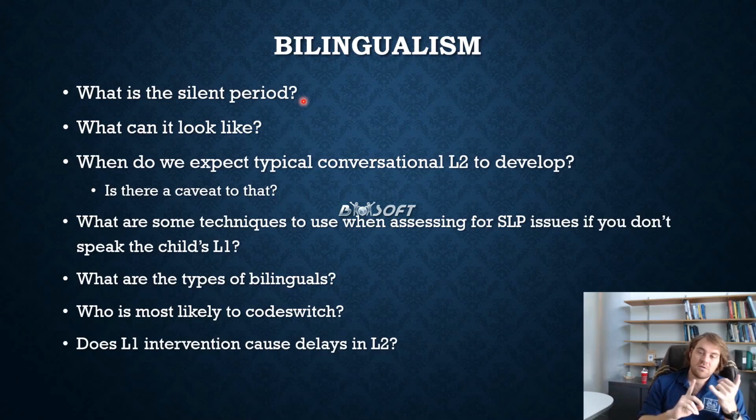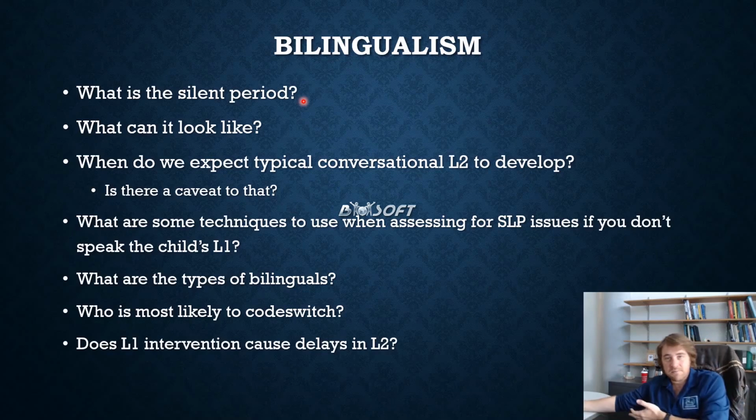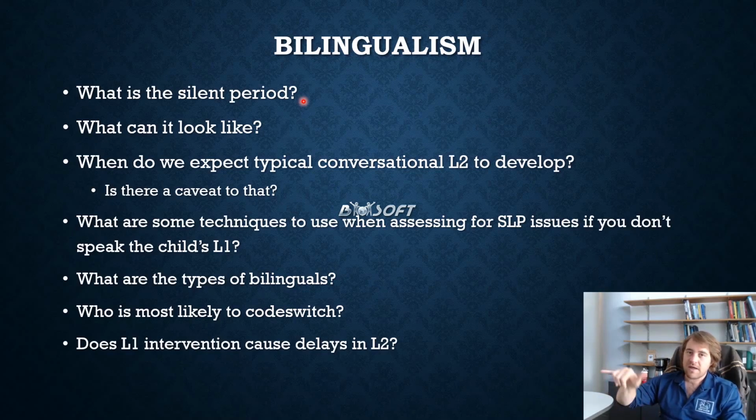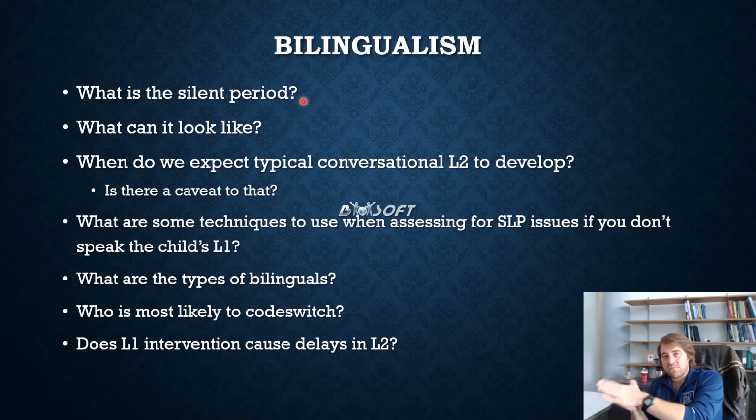So you need 12 months, and then typical conversational L2 will develop, but school is only in session for 9, and then they go home, and if they're spending time with their family who speaks Spanish at home, and not the conversational partners that they had in school, now that gets set back a little bit. So it doesn't show up after 12 months.